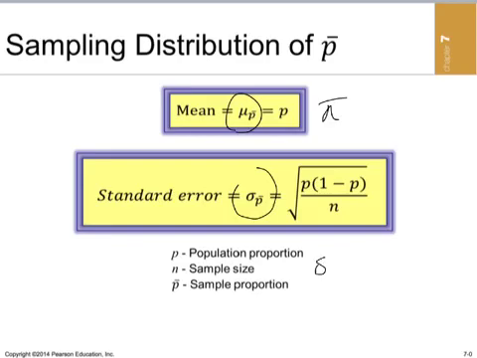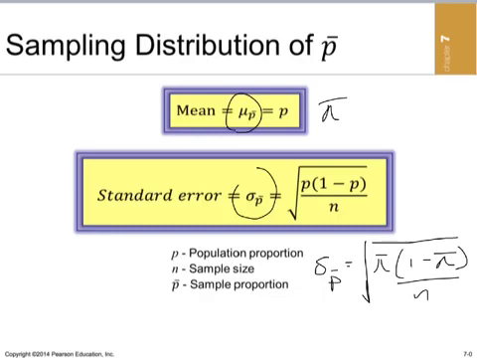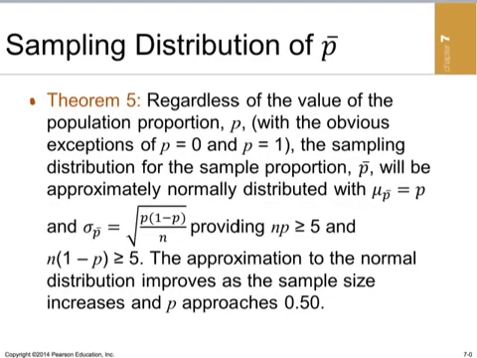So if I substitute this, it will be sigma P bar is equal to the square root of pi times 1 minus pi over n. And you can see when the sample size gets larger, the standard error also gets smaller. So that is the mean and the standard error of the sampling distribution.